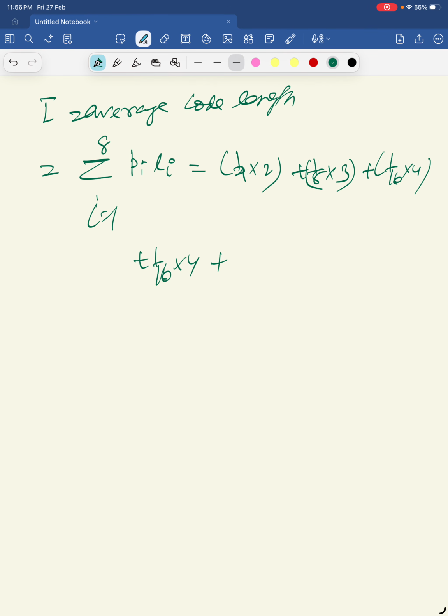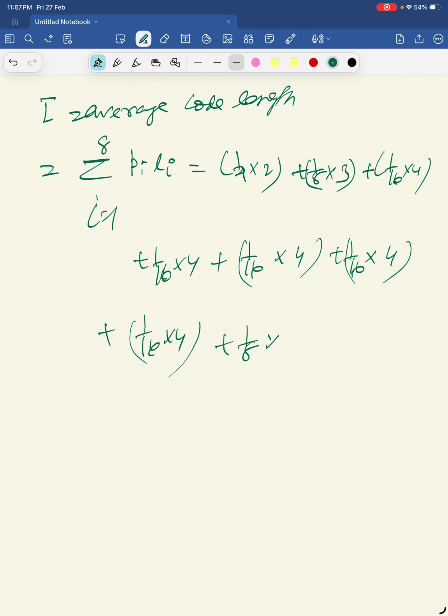This is probability into length. Plus 1 by 16 into 4 plus 1 by 16 probability into code length 4 plus 1 by 16 into 4. How many 1 by 16? 1 2 3 4 5 6 7. One more is 1 by 8 into 3.